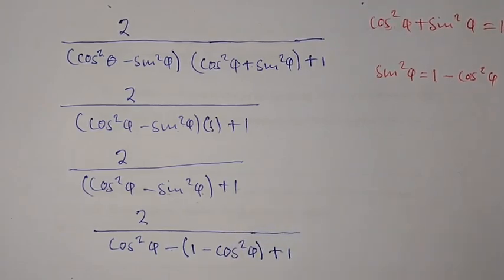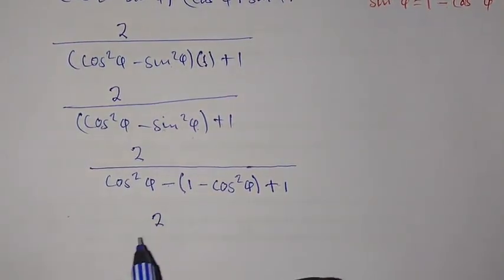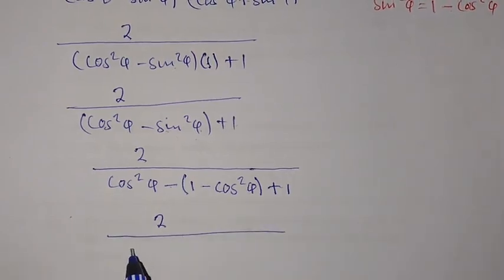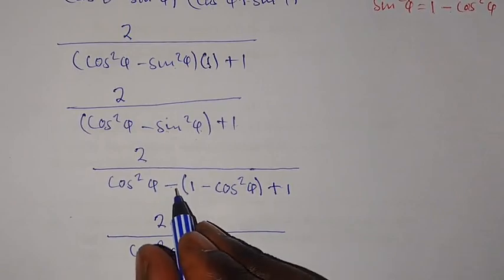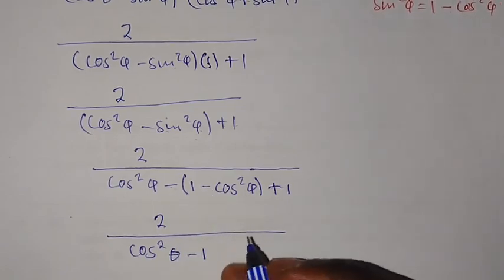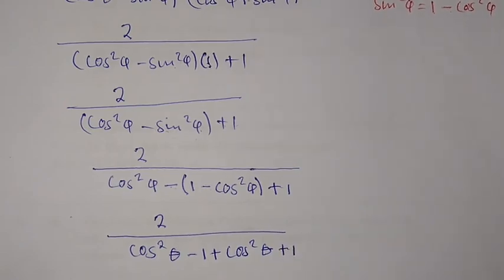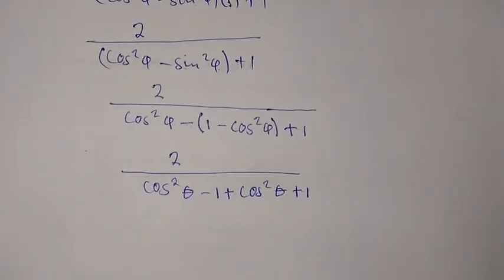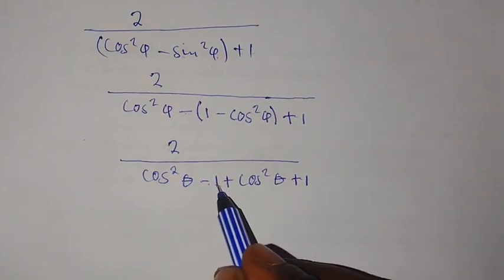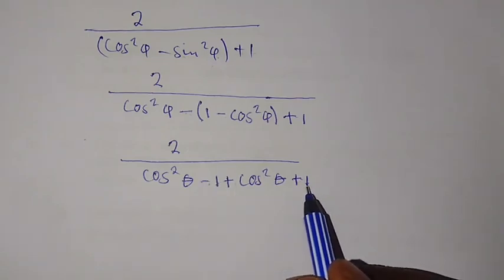From here we can open the brackets: 2 over cos squared theta, negative times positive 1 gives negative 1, negative times the negative gives a positive, then cos squared theta plus 1. We notice that negative 1 and positive 1 cancel. Negative 1 plus 1 is 0.